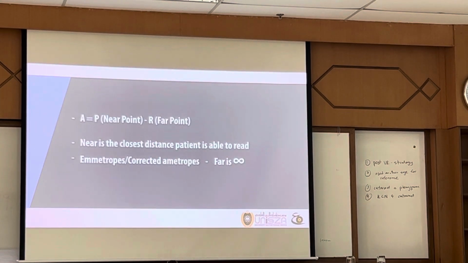So once we understand that amplitude of accommodation is the difference of power from near until infinity, near is the closest distance the patient is able to read, and far is at infinity. If the patient is ametropic, has a refractive error, we have to correct the refractive error first, so that the patient can see infinity at 6 meters.